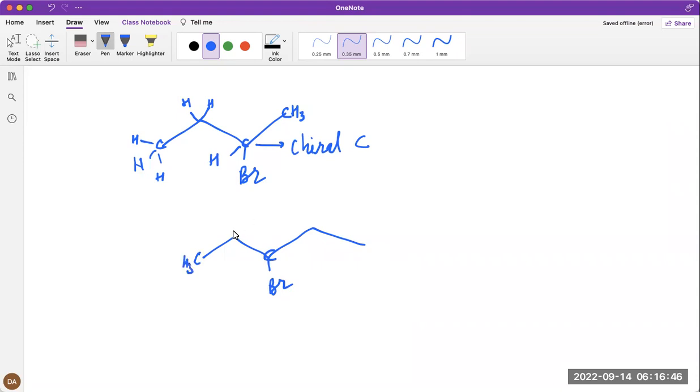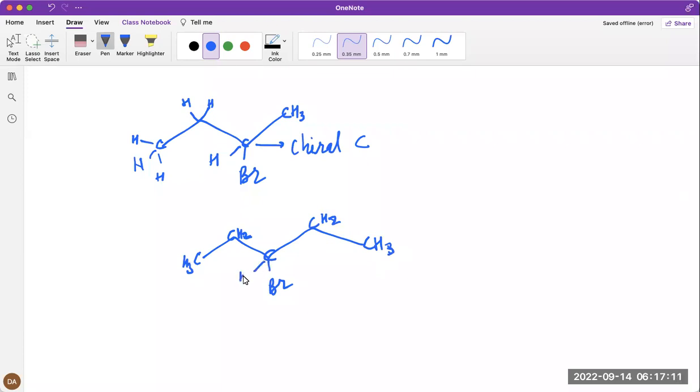This is CH2. Let's label them so that it's more clear to us. This is CH2, this here is also CH2, and this carbon at the very end is CH3.